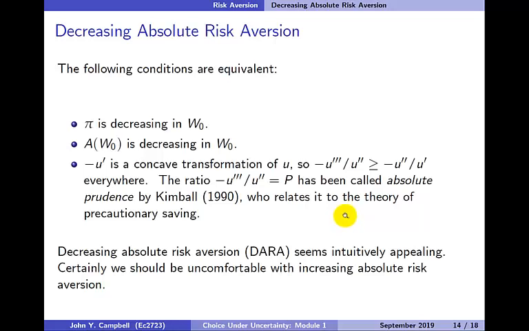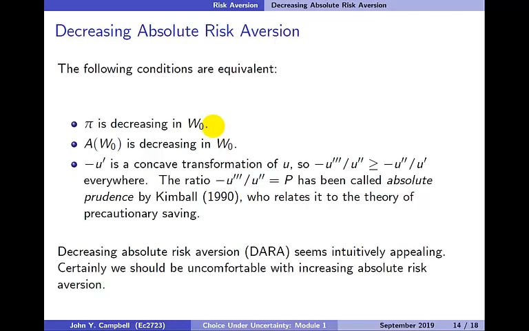Now, I'll just say here that decreasing absolute risk aversion, or DARA, seems intuitively appealing. Why? Because we might think that a very wealthy person would pay a smaller amount to get rid of an absolute dollar risk than a poor person would. A minor risk will be trivial to Jeff Bezos. That same minor risk might be important to you, so you would pay more to get rid of it.